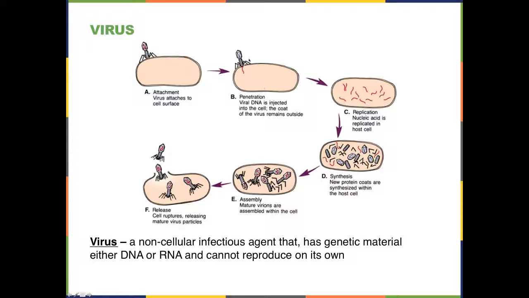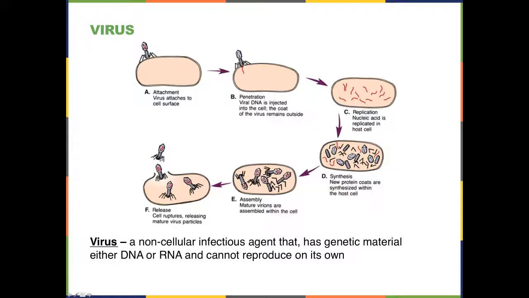Now, this is a virus that's infecting a bacteria, and you remember bacteria are prokaryotic, so they don't have a nucleus. But basically what happens is that the viral DNA is incorporated into the bacterial DNA, and it's replicated along with the bacterial DNA, and it co-opts the cellular mechanisms in the bacterial cell and produces new virus.